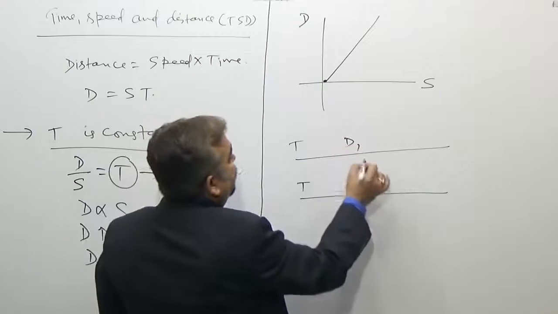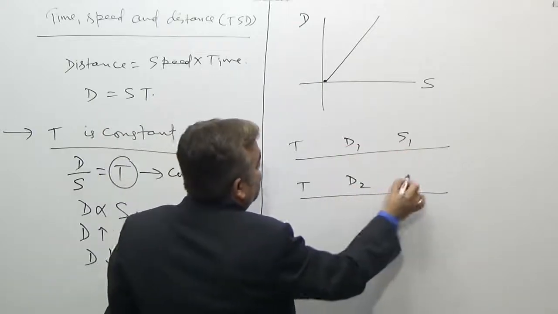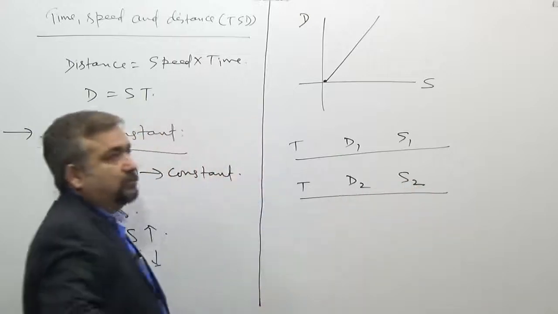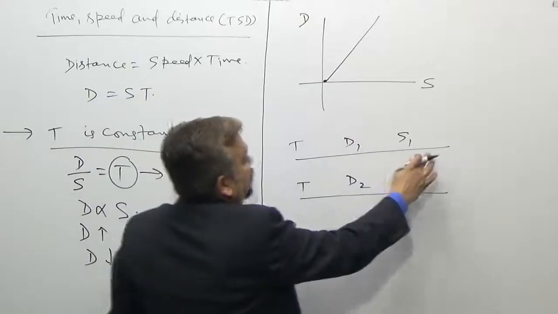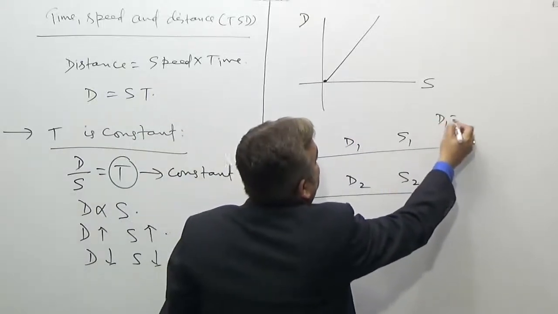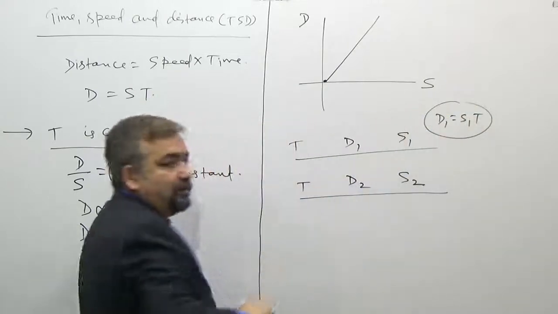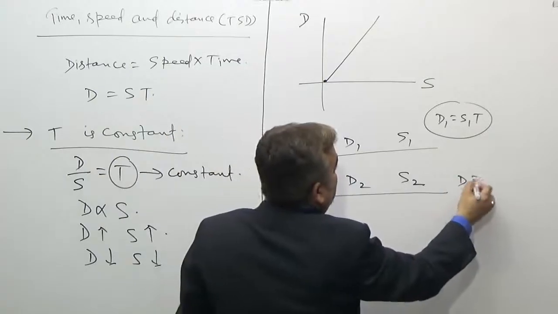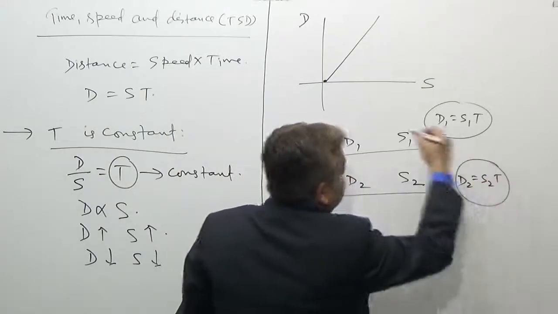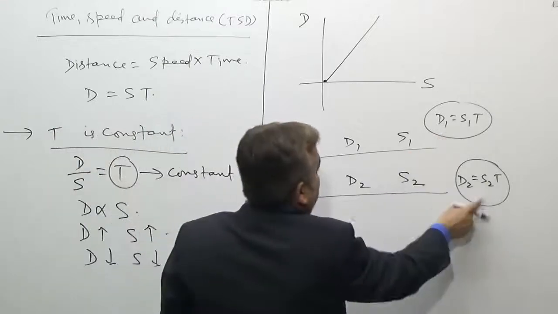One covers distance d1 with speed s1, the other covers distance d2 with speed s2. From this, you have d1 equal to s1 into t, and from here, d2 equal to s2 into t. Divide this by this.